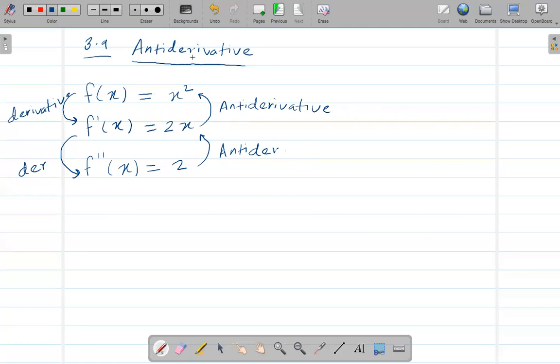To get the antiderivatives, there are certain rules. Let's say a function f of x is equal to x to the power n. We need to take the antiderivative of this expression.